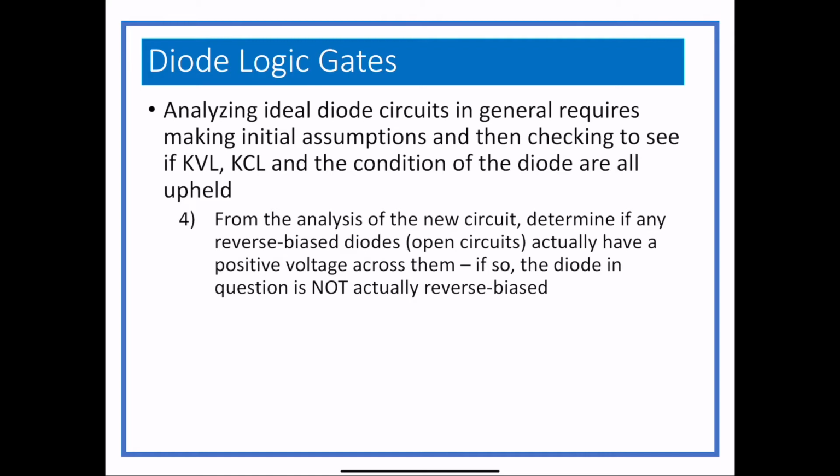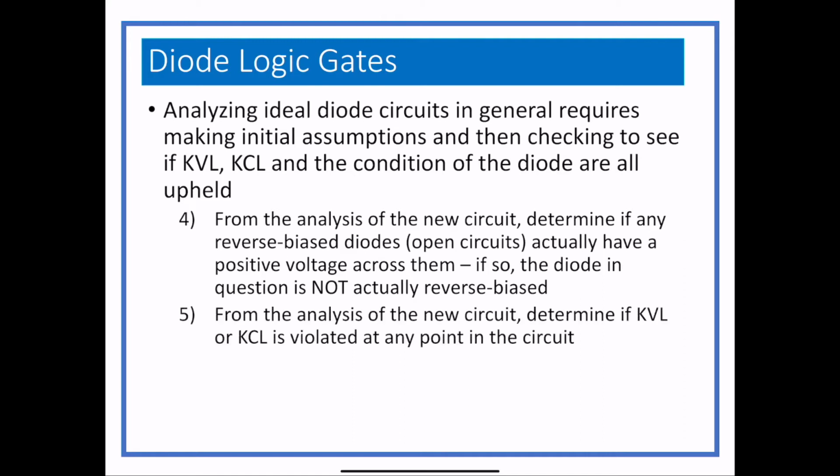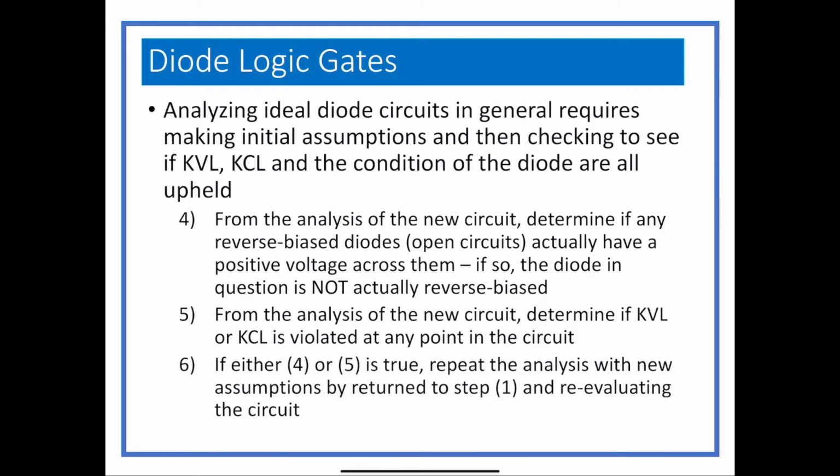You also see if KVL or KCL is violated at any point, because if you make invalid assumptions, you'll find that things don't add up properly. That can also be a red flag. If the state of the diodes is not correct, you go back to the beginning, make new assumptions, and do the whole circuit again.